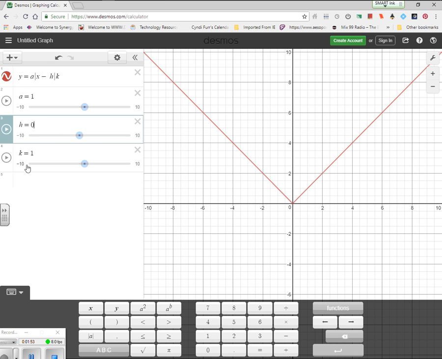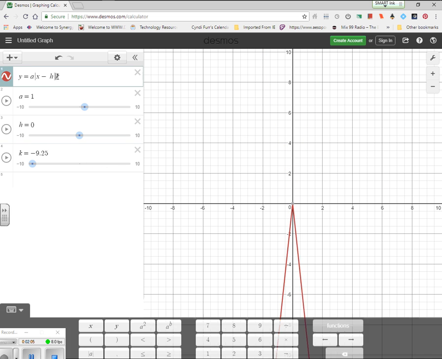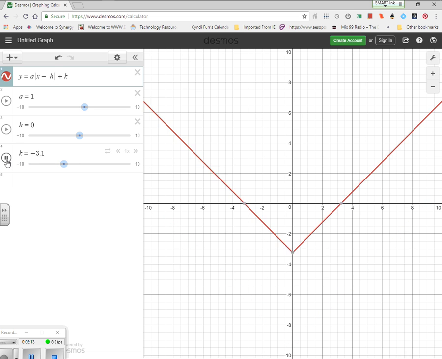Now, what happens as the k value changes? I have a mistake right here. I forgot the plus right here. That's why it's acting kind of weird. That should be plus. Now, notice as the k value changes, the graph is moving up or down.